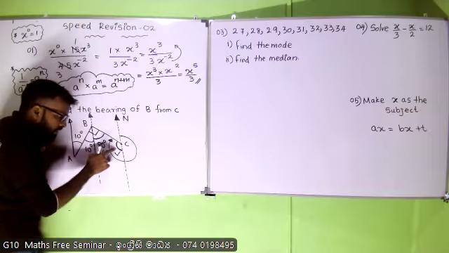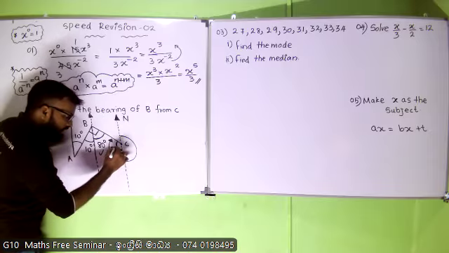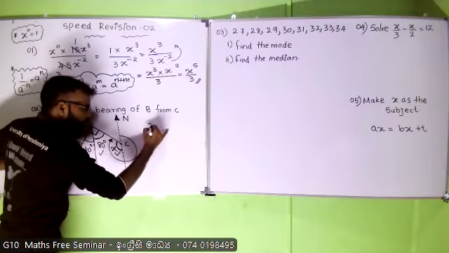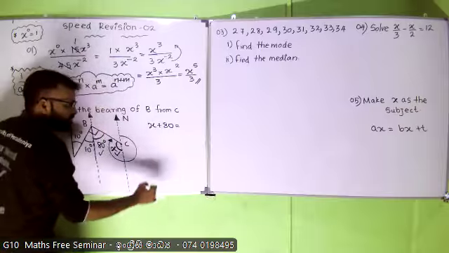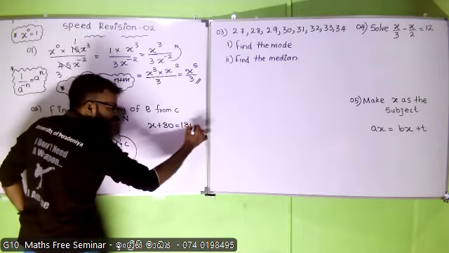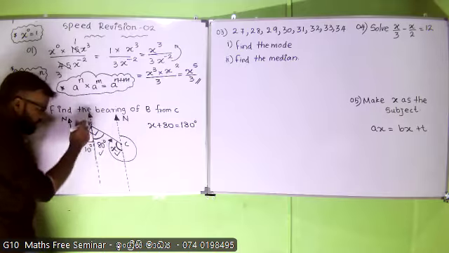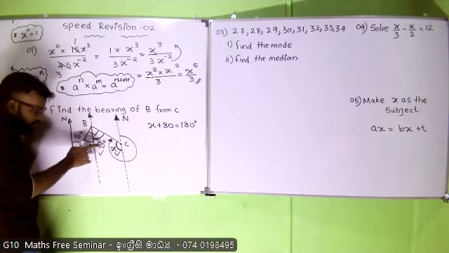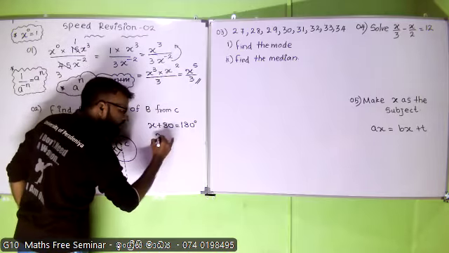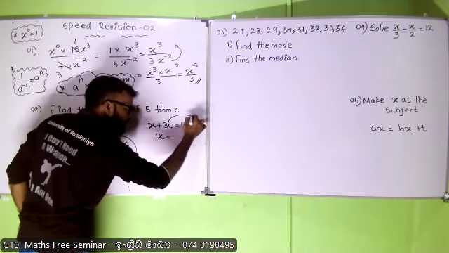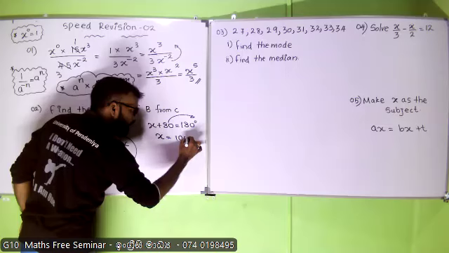80 plus this angle. I will say this angle is X, so you can write X plus 80. If you use the allied angle theorem, it will give you 180 degrees, because these 2 lines are parallel and this is a transversal. 80 plus X equals 180. C type angle. So X equals, taking this to this side, 100 degrees.